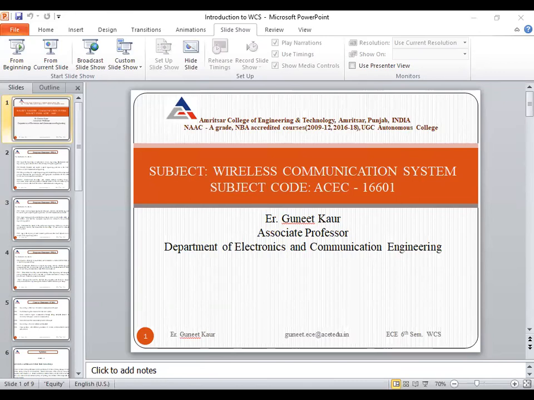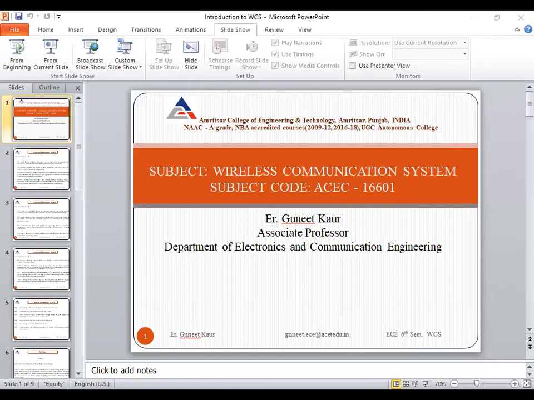Program outcome 10 is to communicate effectively on complex engineering activities with the engineering community and with society at large, such as being able to comprehend and write effective reports and design documentation, and make effective presentations. Program outcome 11: demonstrate knowledge and understanding of engineering and management principles and apply these to one's own work, as a member and as a leader.